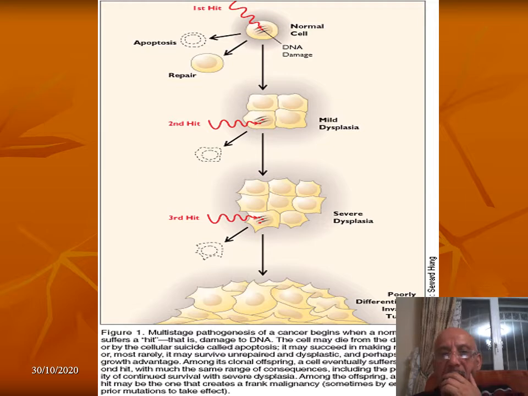The difference is that all of these steps are under the control of the body, but here, after having the severe dysplasia, there will be a tumor, and this tumor is now out of order, and it is not responding to the inhibitory mechanisms or death signals from the body itself, so that in this way the tumor is developed by the multi-hit theory.